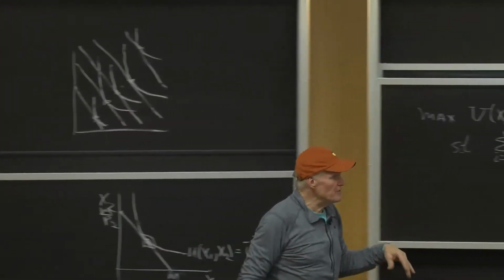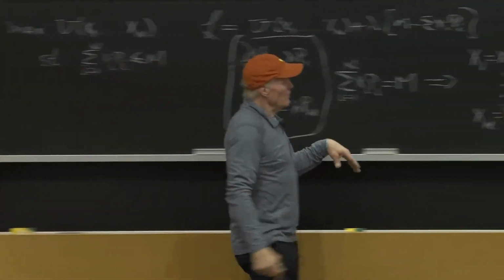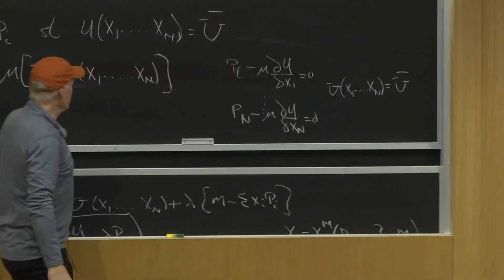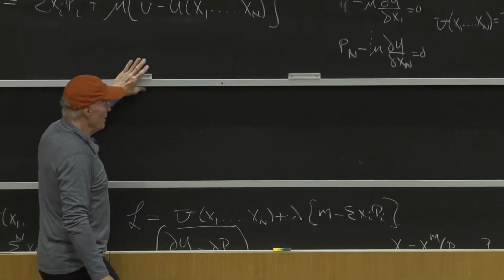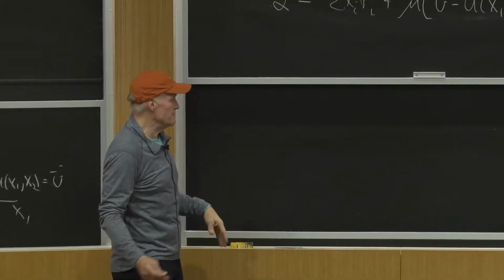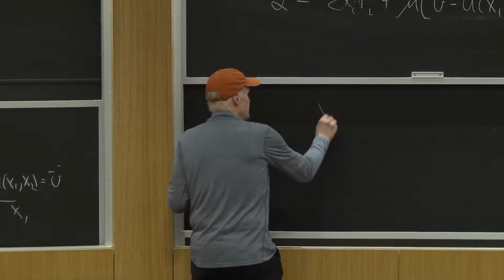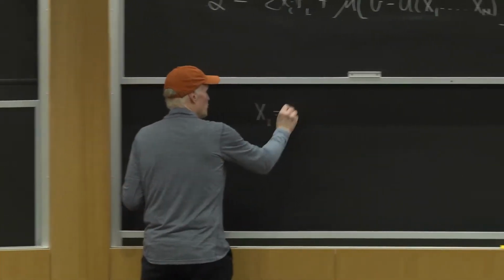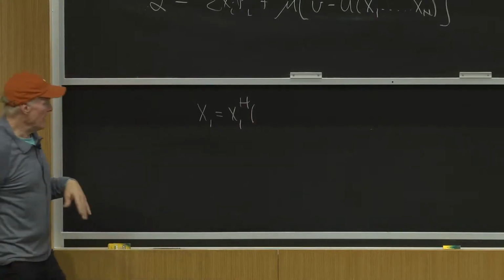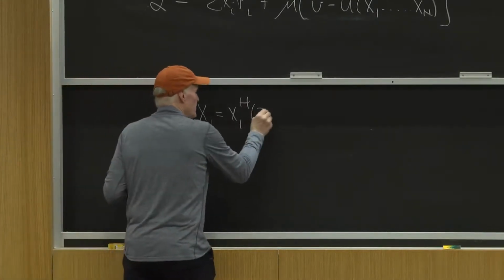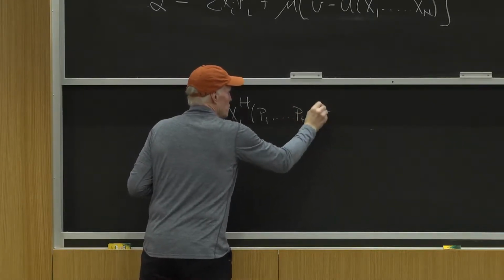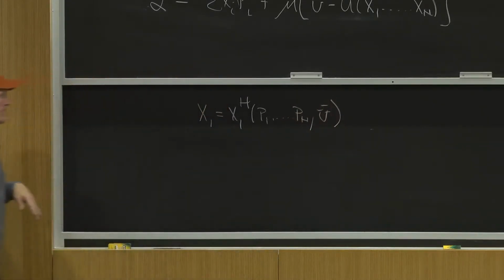So just like we solved those earlier equations, we can solve these equations for what we'll call the Hicksian demand curves. And the Hicksian demand curves are x1 equals x1h, I'll put an h for Hicks instead of Marshall, x1h of p1 up to pn, u bar. Okay?